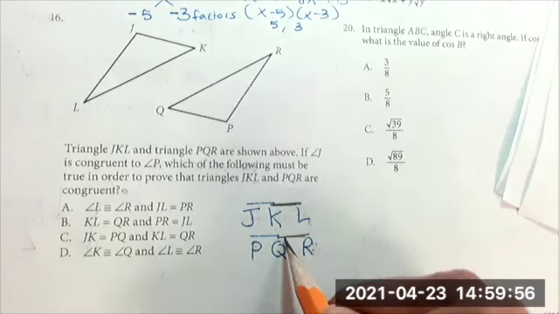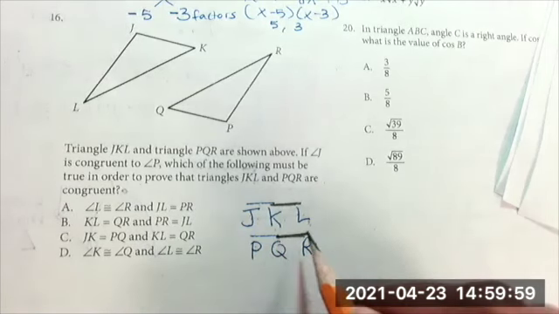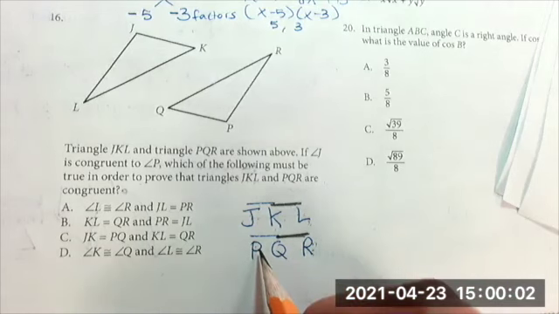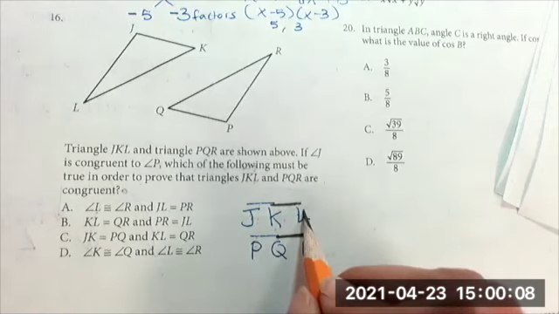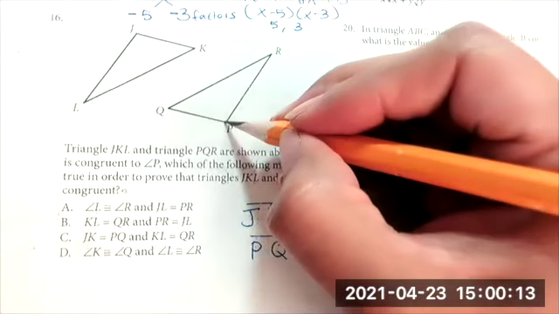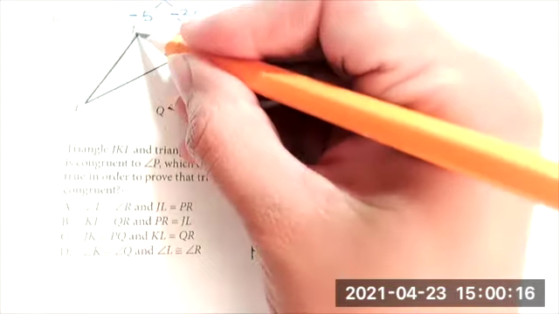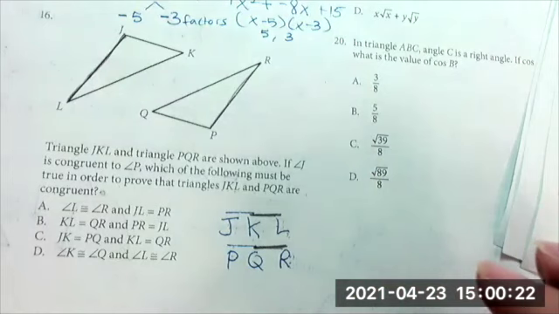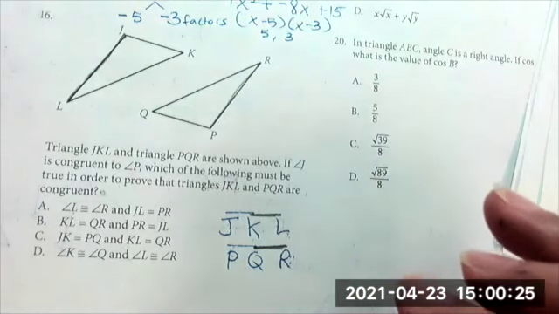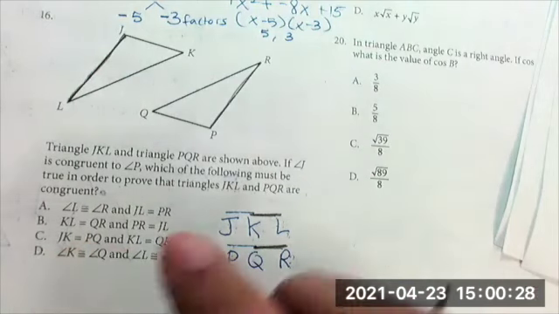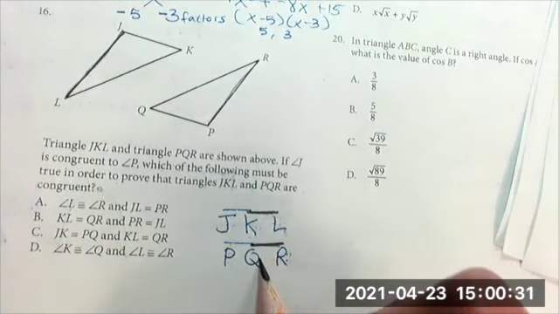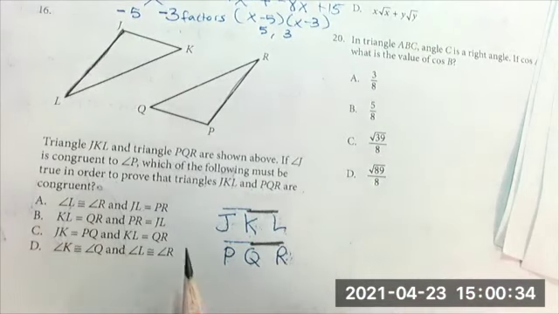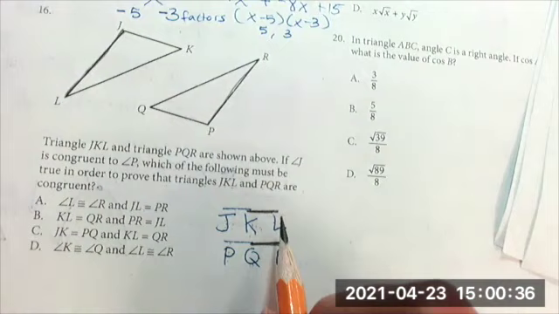KL is congruent to QR, and PR is equal to JL. Okay, this is the next one. JK and PQ and KL and QR. Angle K, angle Q, angle L, angle R.